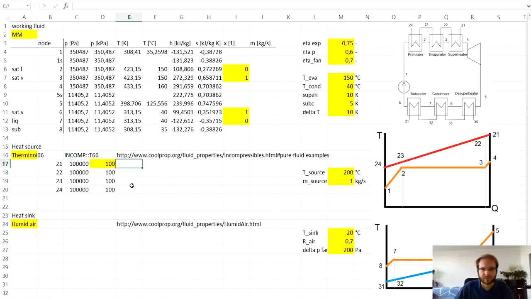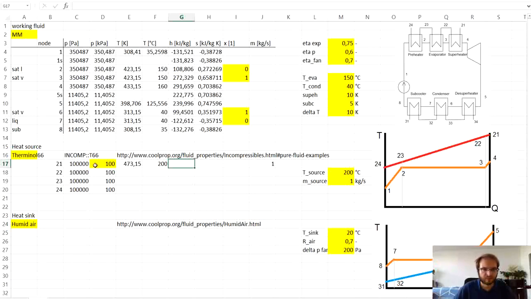And now we had specified the temperature at the point 21, which is the heat source temperature, 200 degrees C, and we had given the mass flow rate of 1 kilogram per second. So 200 degrees C over here. Here it's in kelvins.